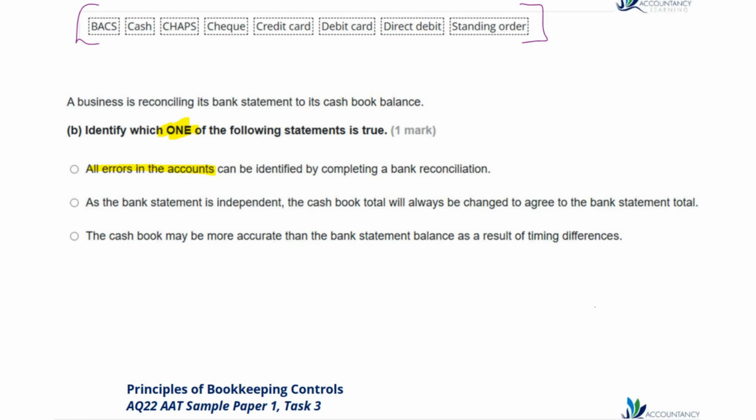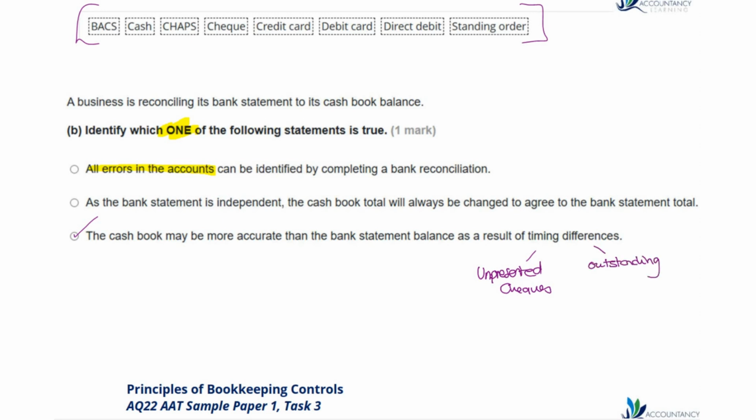And then finally, the cash book may be more accurate than the bank statement balance as a result of timing differences. So this is true, because your timing differences are your unpresented cheques and your outstanding lodgements.